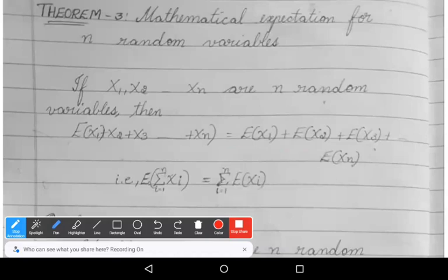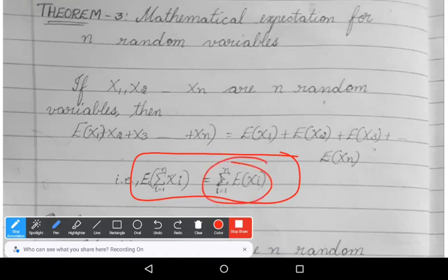This is nothing but expectation of the sum of the random variables: expectation of summation xi is equal to summation expectation of xi.